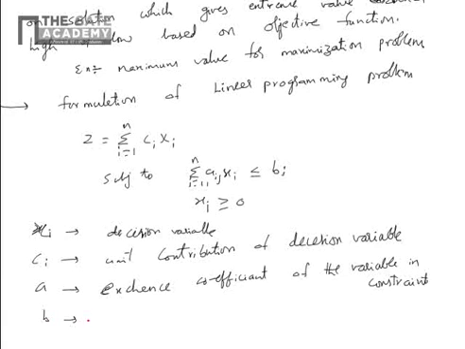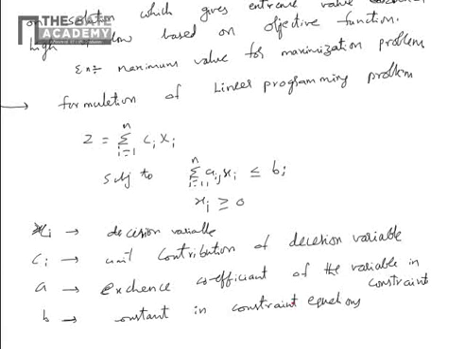B is the constant in the constraint equations.